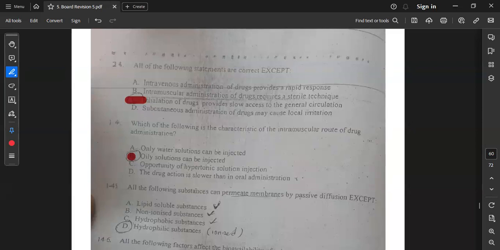Intradermal? Yeah, 10 to 15 degrees for intradermal. I think for the characteristics, for IM isotonicity is a must. Okay.